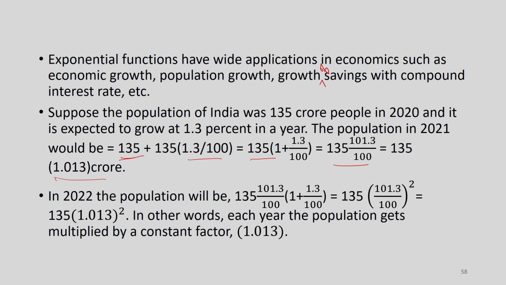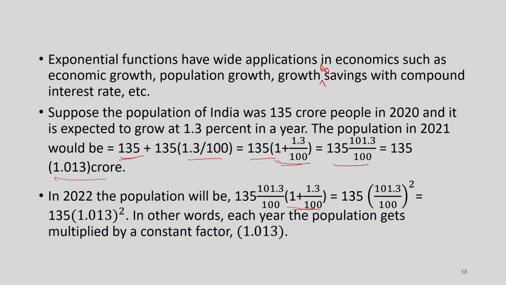The next question is, what about the population of 2022, if the same exponential growth continues? This will be the population of the year 2021 multiplied by this factor, because I am just using the same formula.